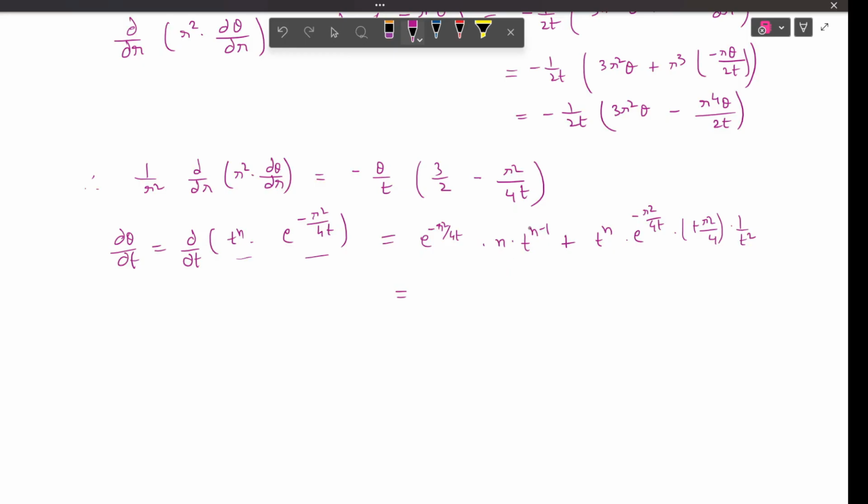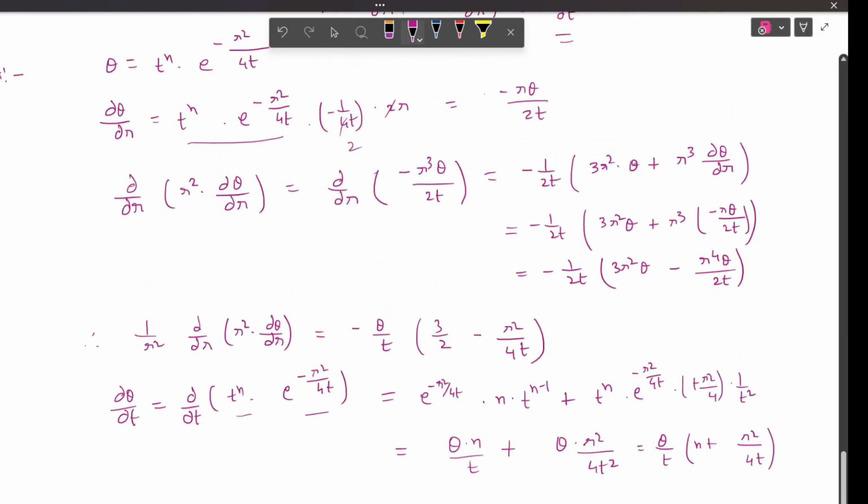So e to the power minus r square by 4θ into t to the power n is your theta, so this would be theta into n by t, and here again t to the power n e to the power minus r square by 4θ is theta, so it would be theta into r square by 4t square. So if we take theta by t common, it will be n plus r square by 4t.